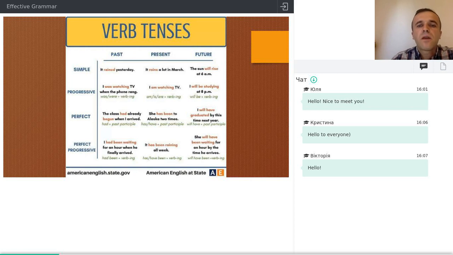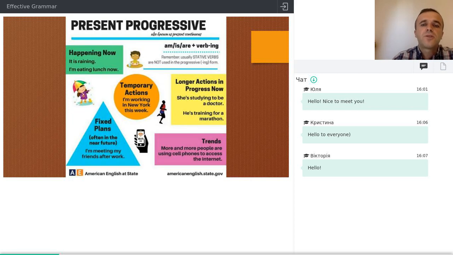If you decided to teach them present progressive, here you can see there are some geometrical figures on the image, like a rectangle, a circle, a triangle, and all of them are of different colors. This is good for memorization, and you can see different images here. And it would be awesome if you give them to your students.